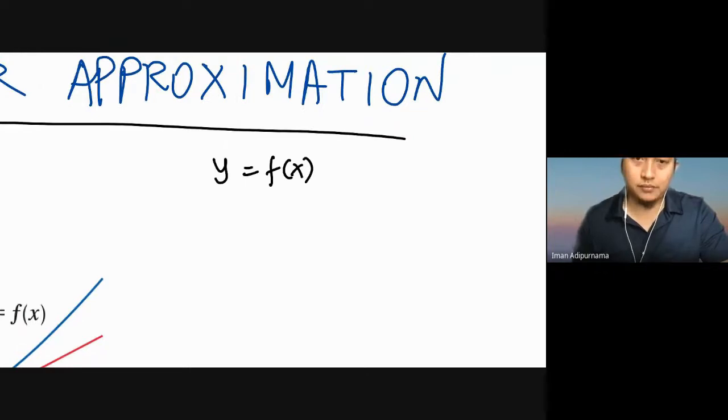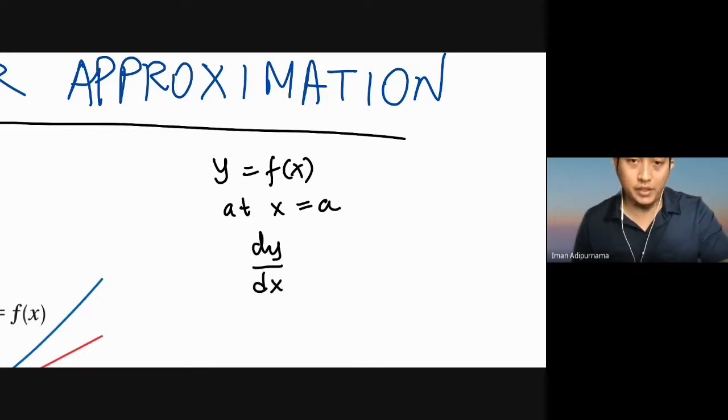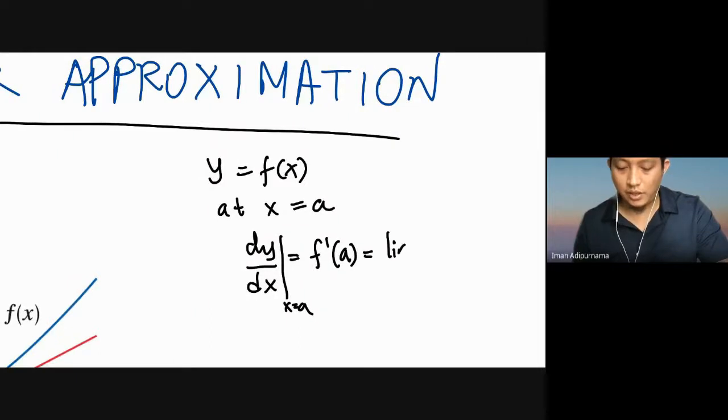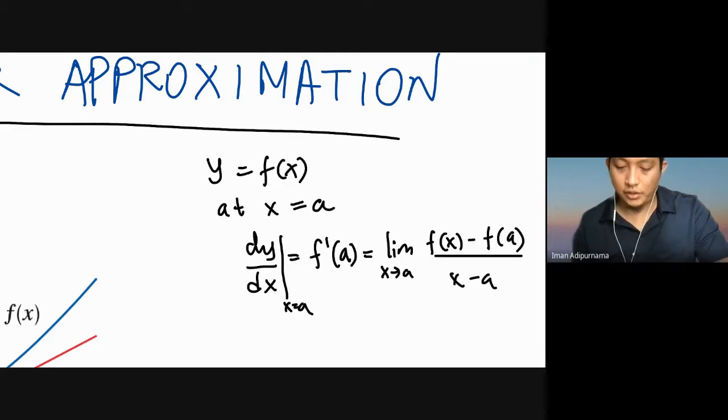And you want to evaluate at x equals a. At x equals a, if you want to evaluate the first derivative, f prime of a, you know that this is actually our limit, right? We can write our limit like this, or you can also write the limit with h.